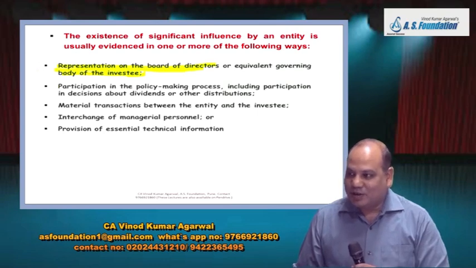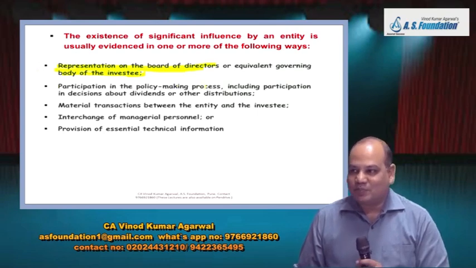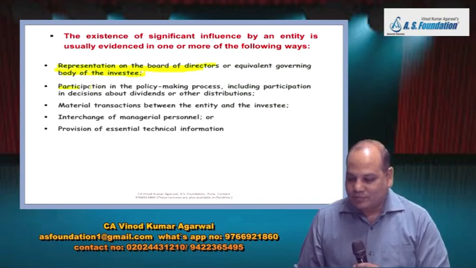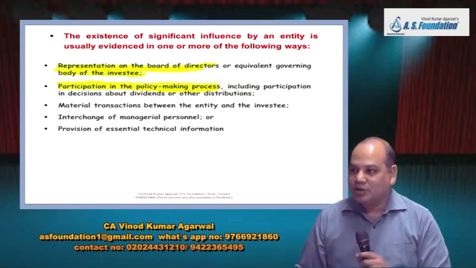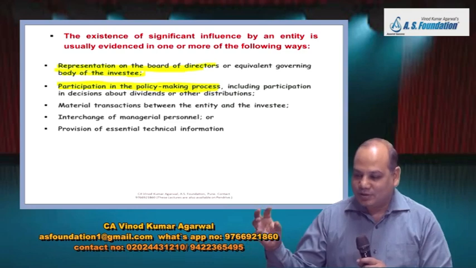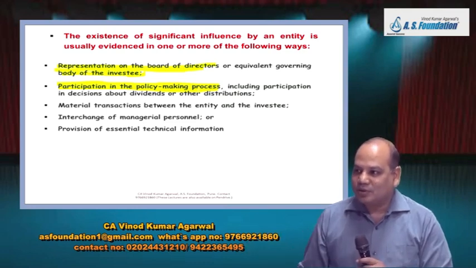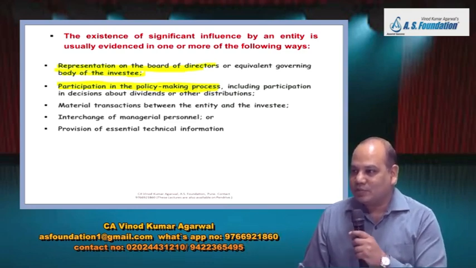Next line. Participation in the policy making process. In companies there are many what they call committees, and they take policy decisions. For example, audit committee, remuneration committee, ethics committee, technical committee, corporate governance committee.